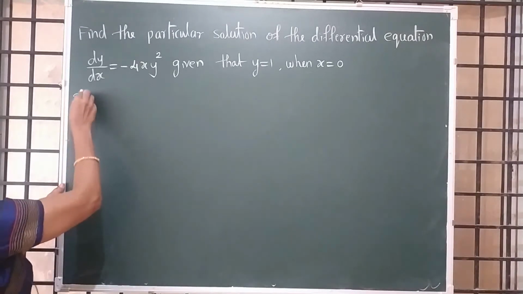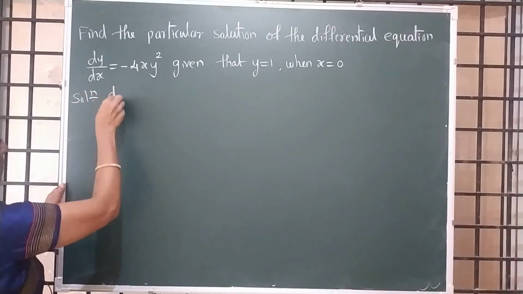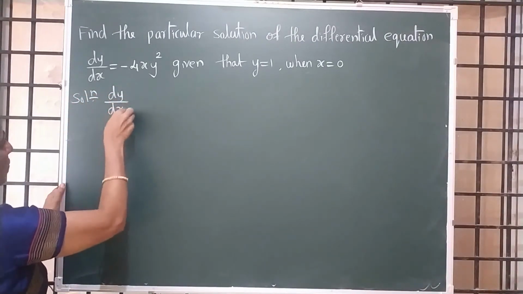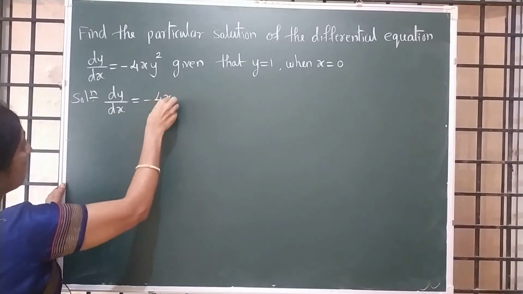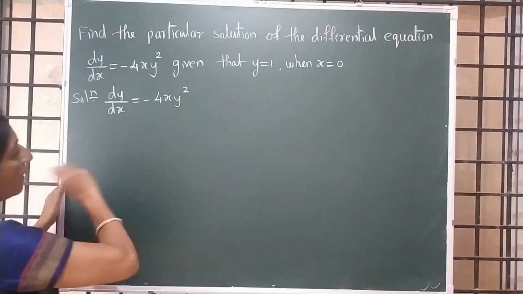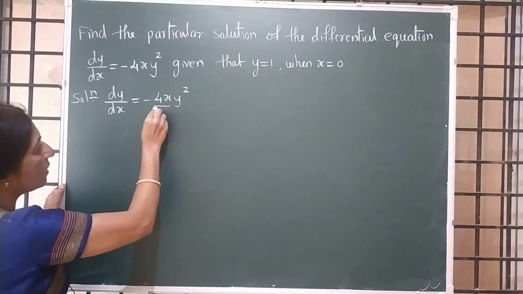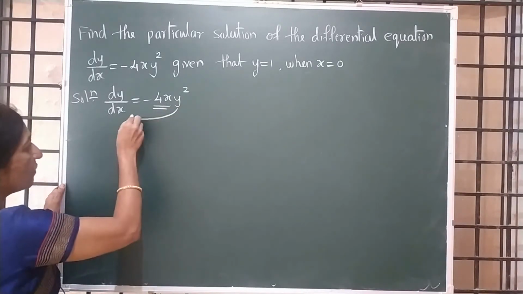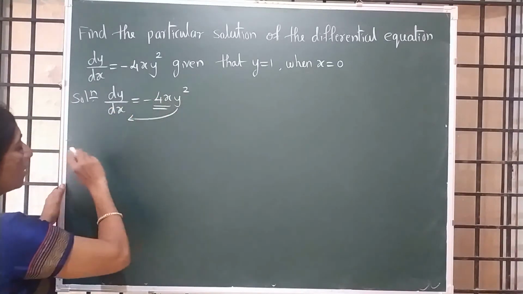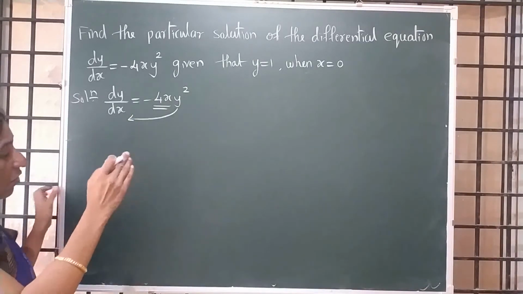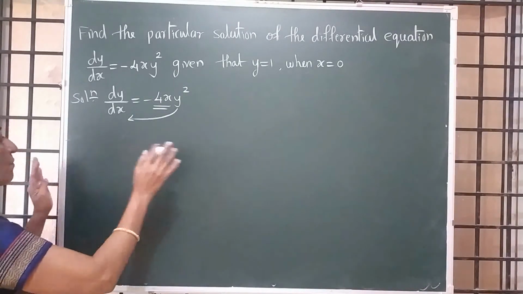So already we are familiar, and remember the presentation is very important in the theory board examination. Here 4x keep as it is, just take y square here, dx here. So instead of all that, just write separating the variables.